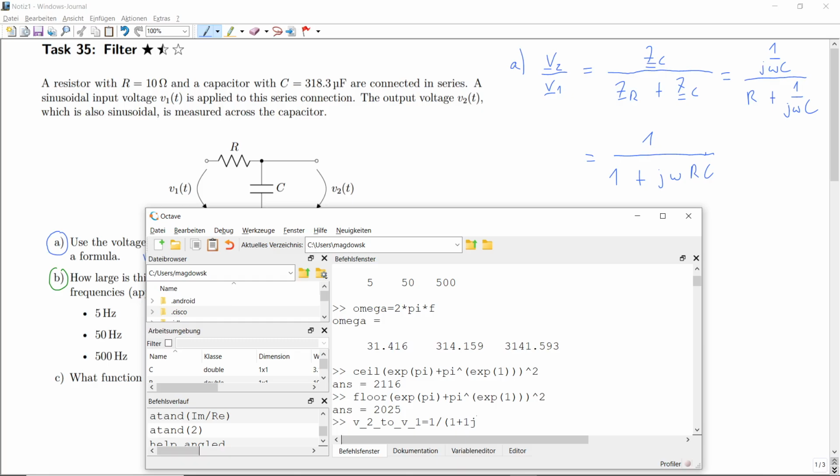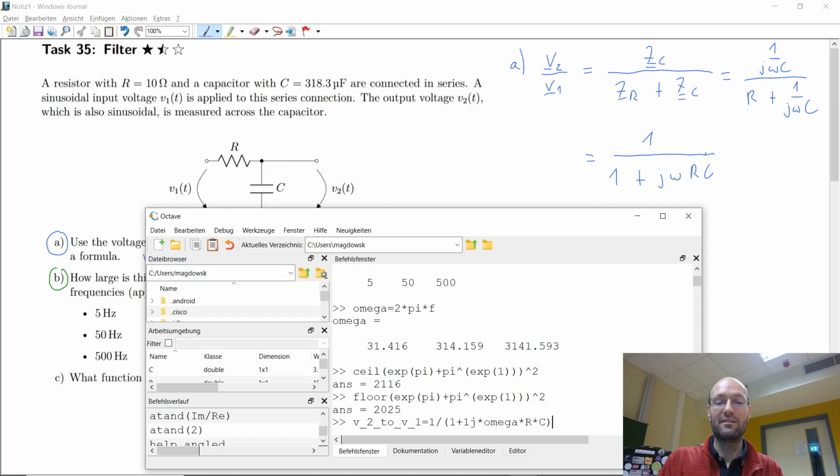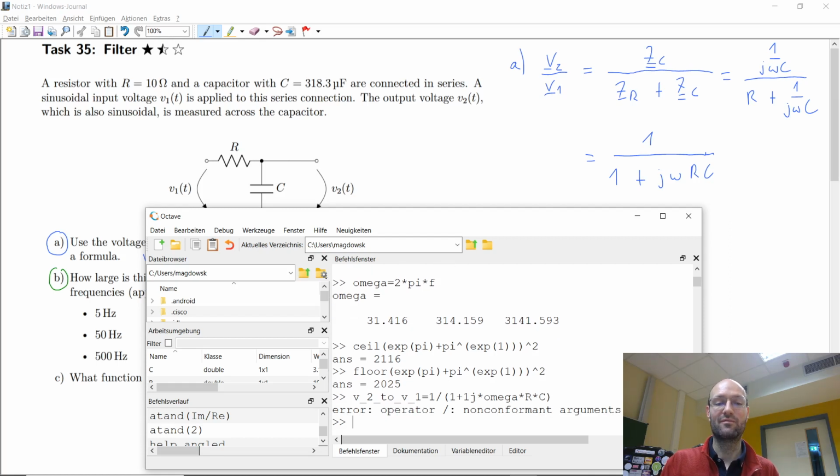And remember, it was maybe more secure to write 1j times omega times R times C. And if I hit enter, I expect that MATLAB throws some error message. But yeah, let's try. Yeah, as said, does not work, or Octave throws some error message.